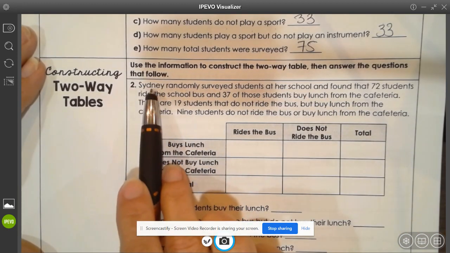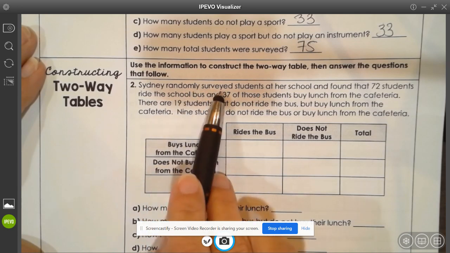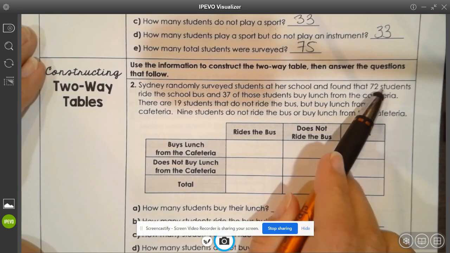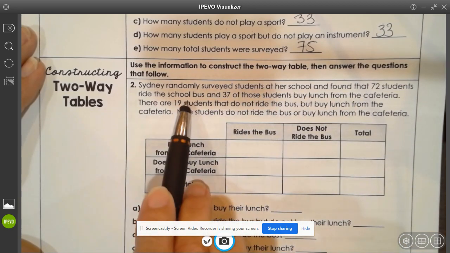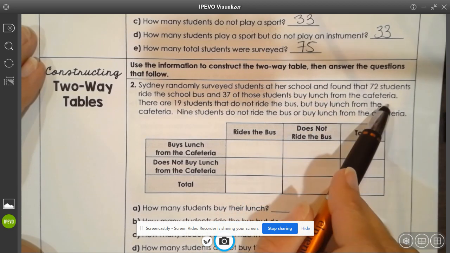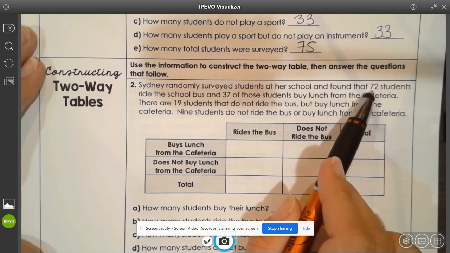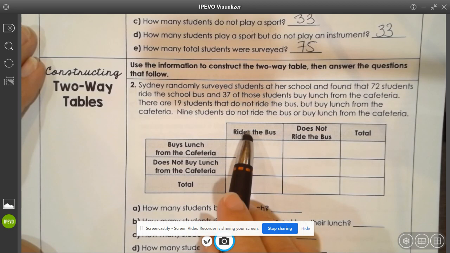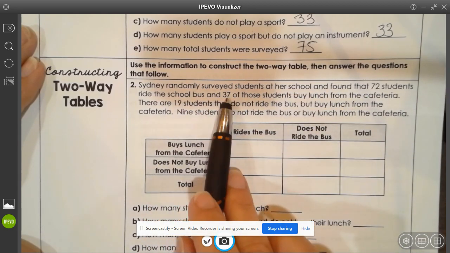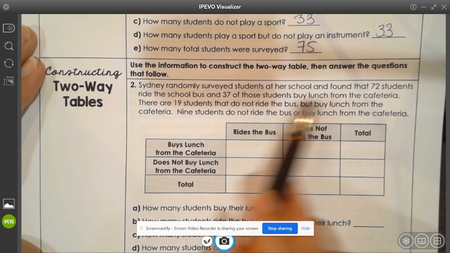All right, so it says, Cindy randomly surveyed students at her school and found that 72 students ride the bus and 37 of those buy lunch from the cafeteria. So 72 students ride the bus, right? And 37 of those students buy lunch.